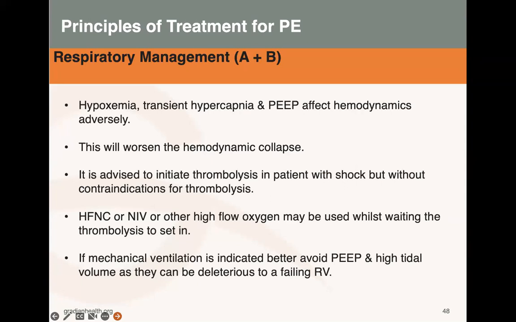I'm not rushing to use high PEEPs to oxygenate to the maximum. Give time for the thrombolytics to take place and break the clot. And now that will help you to improve your hemodynamics. Once you have better hemodynamics, then you can maximize your ventilator settings, because now your hemodynamics are stable. Okay. Next slide.